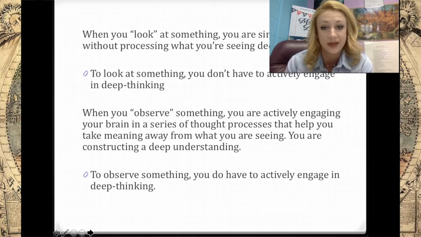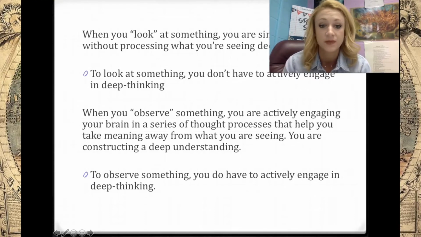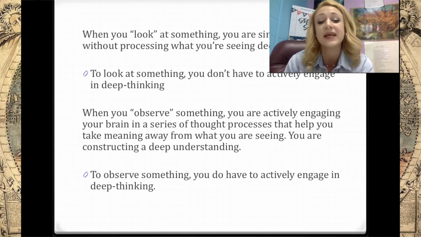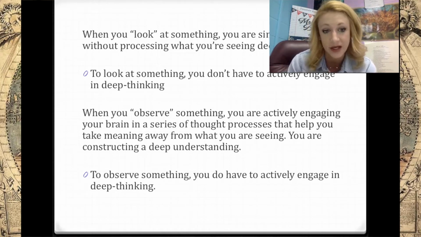To look at something, you don't have to actively engage in deep thinking. When you observe something, you are actively engaging your brain in a series of thought processes that help you take meaning away from what you're seeing. You're constructing a deep understanding. To observe something, you have to actively engage in deep thinking.